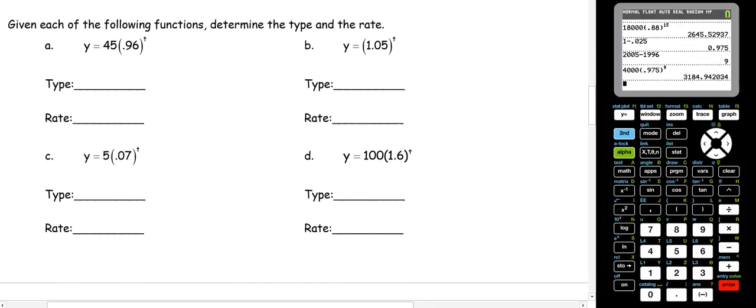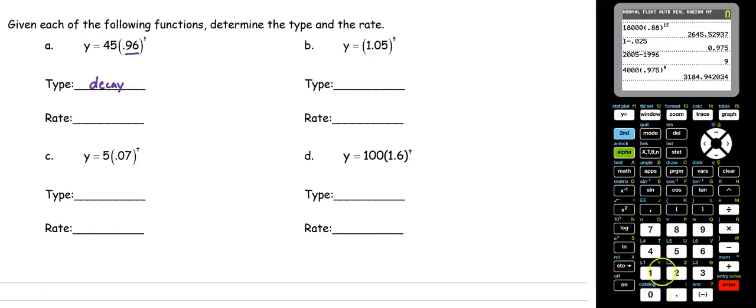So given each function, determine the type and the rate. So remember that exponential growth means that our value is above 1. Exponential decay means our value is less than 1 inside the parenthesis. So in A, 0.96, this means that it's a decay because we subtracted to get less than 1. So to figure out our rate, we got to figure out how did we change from 1 to 0.96.